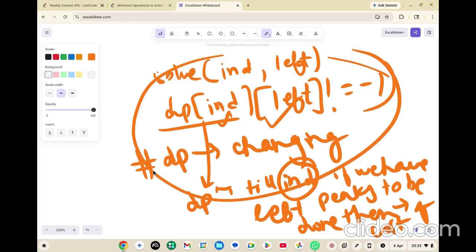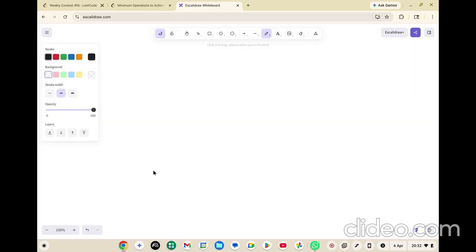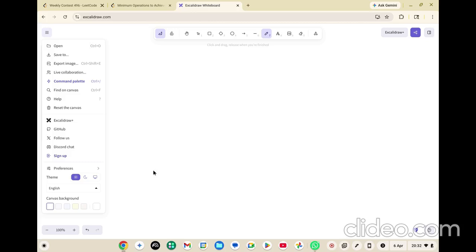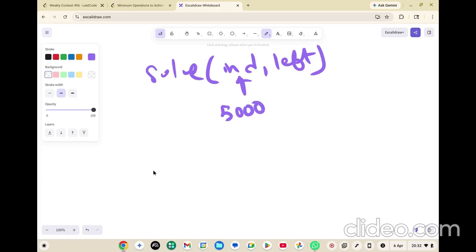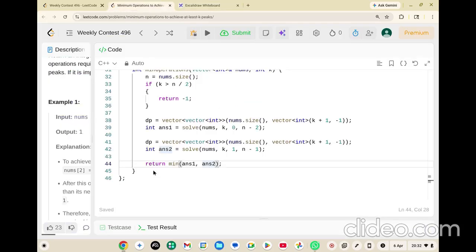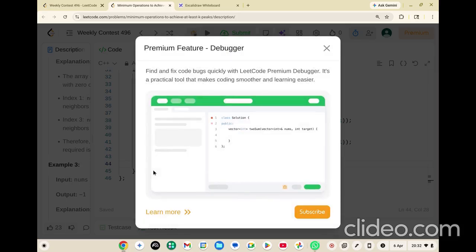All right. So let's quickly look at the time complexity and space complexity of this problem. If you look, the solve function had two changing parameters, int index and left.